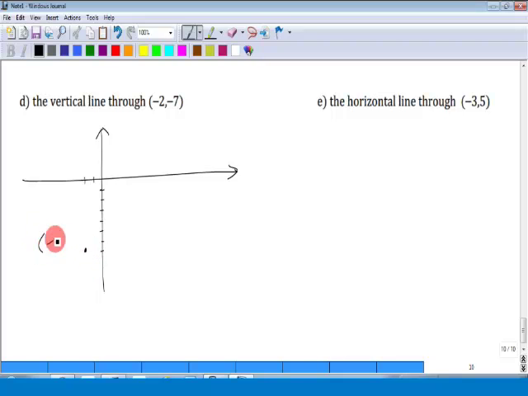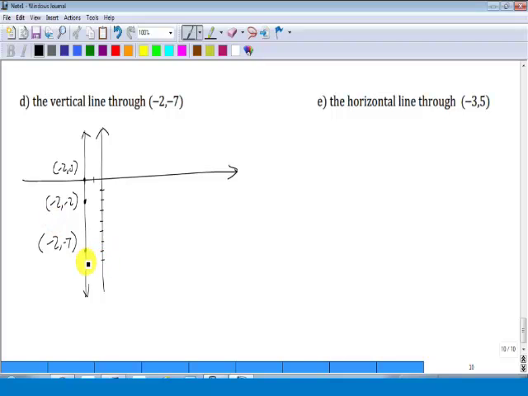It goes to the point -2, -7, and it's vertical. So it also goes through the point -2, 0. That one right there. Let's see, what other points are on this line? Maybe -2, -2 is on there.